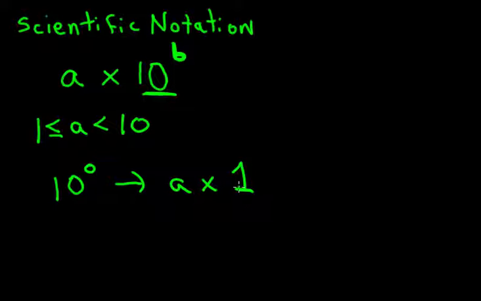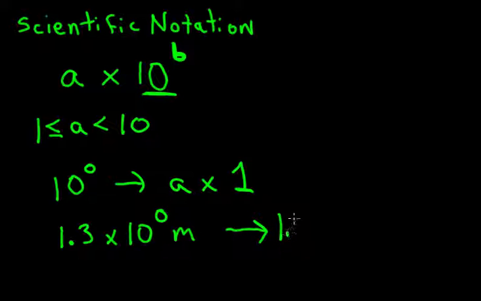And so A becomes the exact measure. So if I were measuring something that was 1.3 meters, in scientific notation, I'd go 1.3 times 10 to the 0 meters. And that's the same as 1.3 meters.